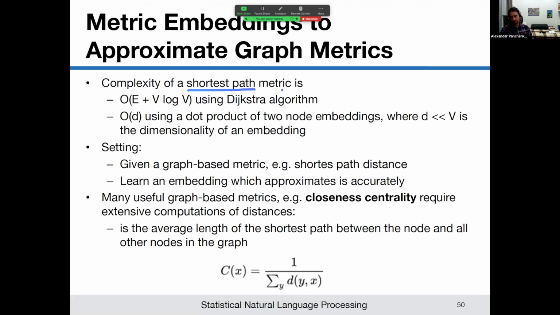And in case of linguistic graphs, this length was very actively used for modeling semantic similarity, given some large linguistic network, WordNet, BabelNet, something like this.